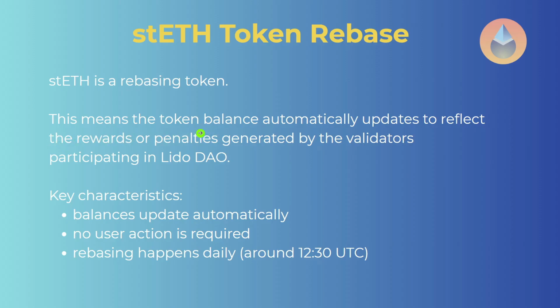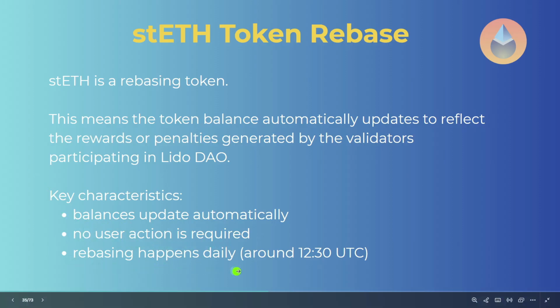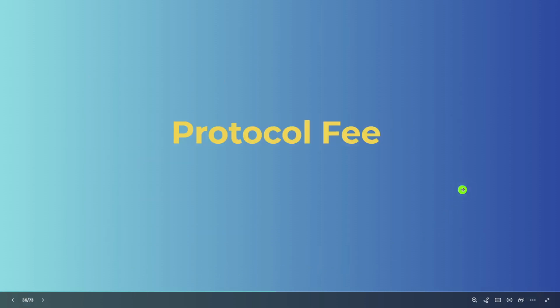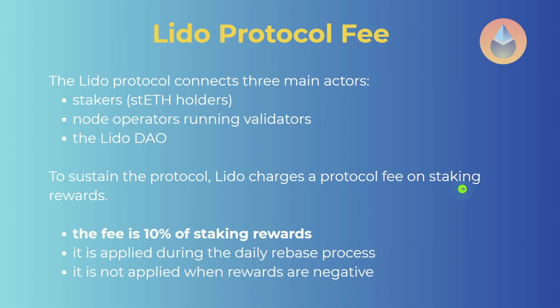This means the token balance automatically updates to reflect the rewards or penalties generated by the validators participating in Lido DAO. The characteristics are: balances update automatically, no user action is required, and rebasing happens daily around 12:30 UTC.